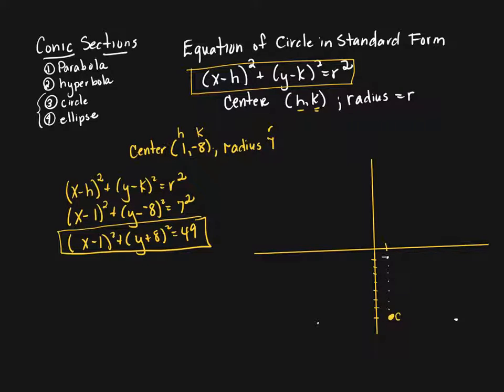Then I would just sketch out my circle. At any point, any ordered pair, anywhere on this circle, if I plug that x and y in over here, I get a true statement.